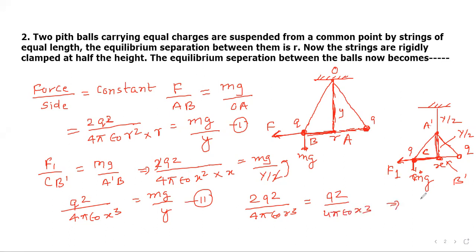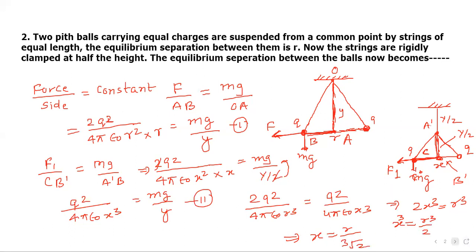From where we get 2x cube equal to r cube, or x cube equals r cube divided by 2, from where we get x equal to r divided by the cube root of 2, which is our answer.